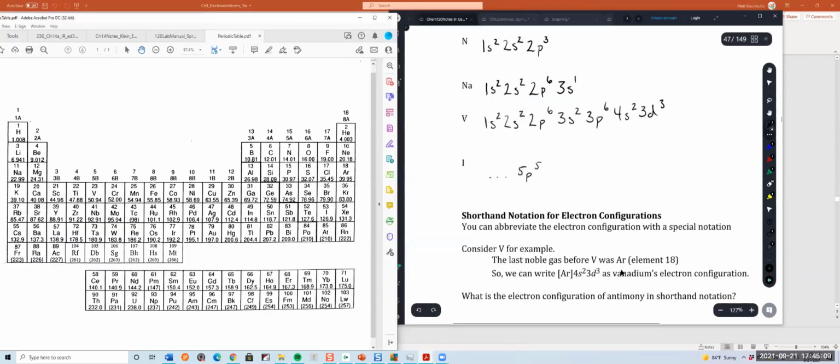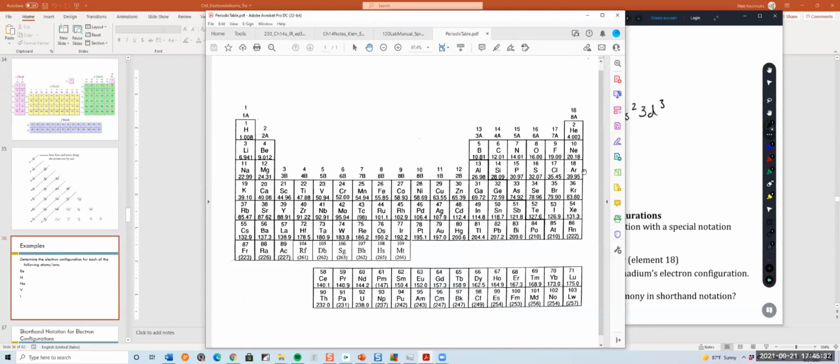So you just say argon in square brackets, and this means the electron configuration of argon. It means you don't have to write any of this out. So this is 1s2, 2s2, 2p6, 3s2, 3p6. It's all that stuff right there, and you don't have to worry about it. And then you start as if you were just done with argon. So after argon, you go 4s2, 3d3.